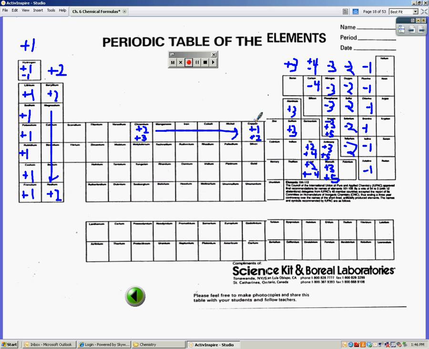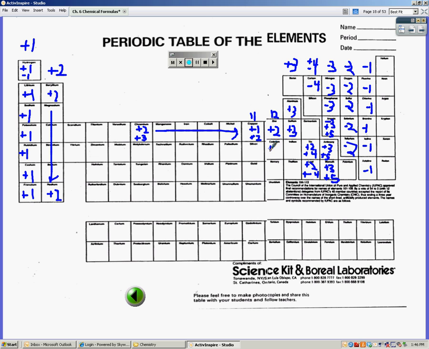I remember that because it's in group 11, and this is group 12. And so that 1 helps me to remember that now it's just a +1, and then the other one's a +2. Zinc is only going to form one type of ion, which is a +2. Again, I remember that it's in group 12. There's a 2 right there.